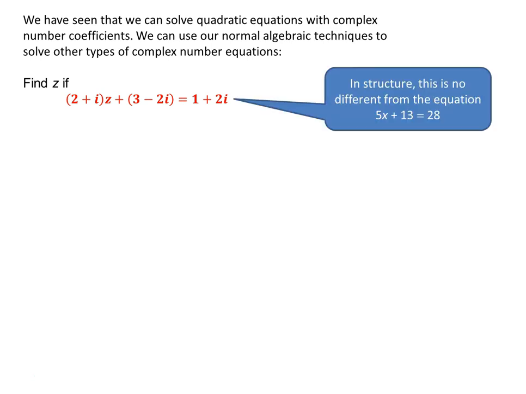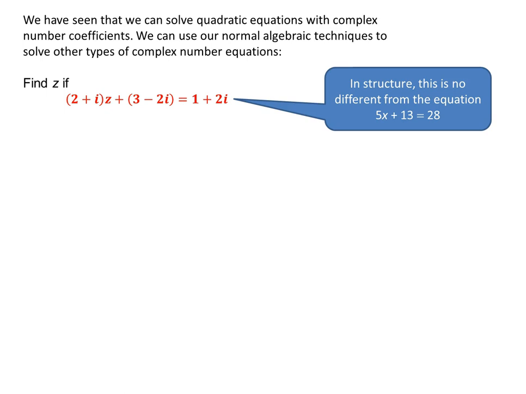Well, this is really just the same structure as the equation 5x plus 13 equals 28, except that the example we've got to consider at the moment is a complex number example. For the equation 5x plus 13 equals 28, we'd subtract 13 from each side to obtain 5x equals 15, and then divide each side by 5. And we're going to do very much the same thing with this equation.